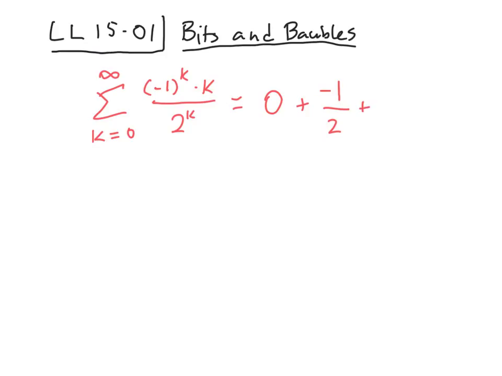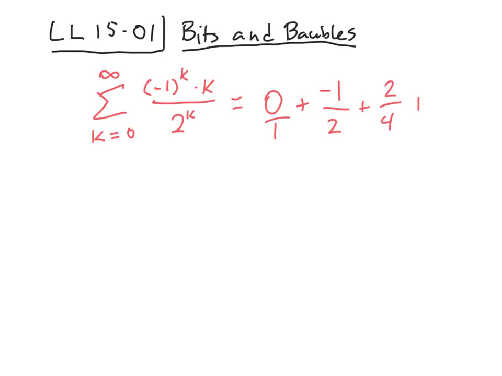And then the next term: negative 1 to the 2 is a positive 1, k is 2, 2 to the 2 is 4, so I'm going to have 2 over 4. I could simplify that to 1/2, but I'm going to leave that alone. And for that first term, I'm going to put an over 1 there, just to signify that the denominator was 1, so we can keep track of all that easily.